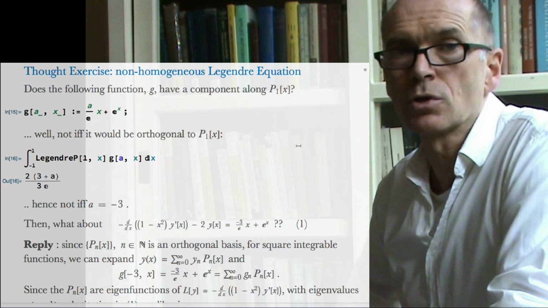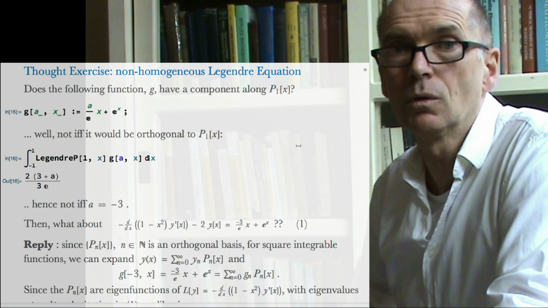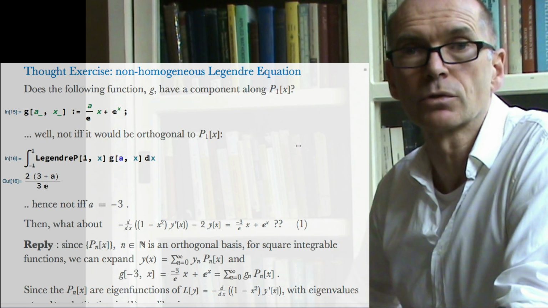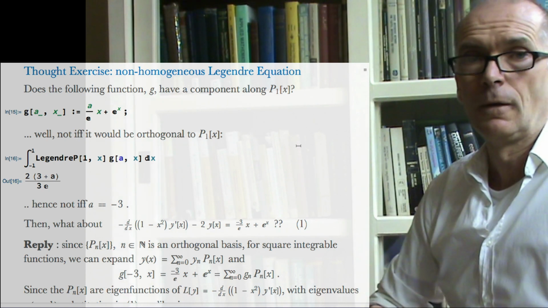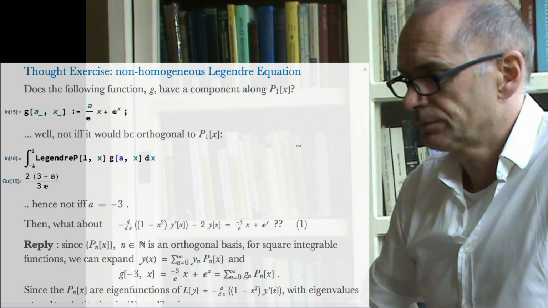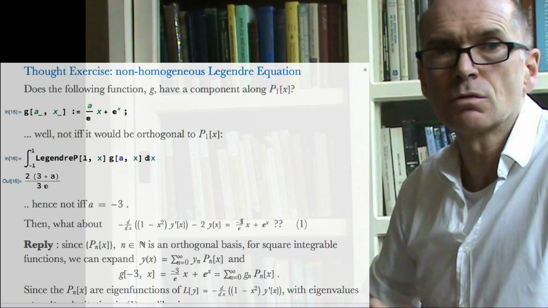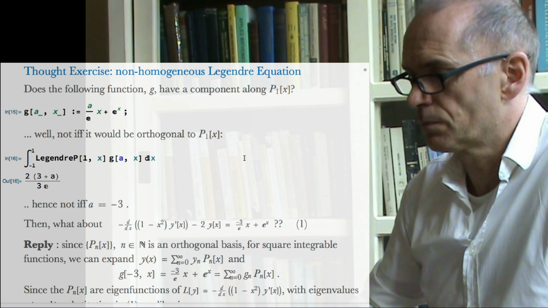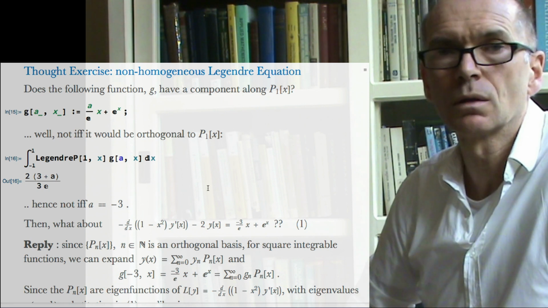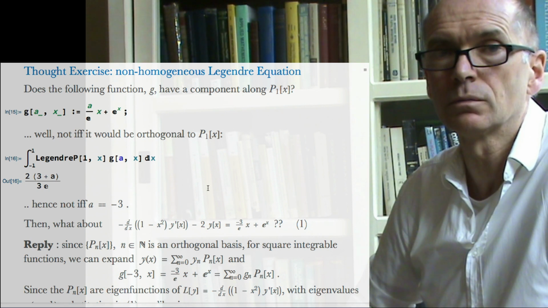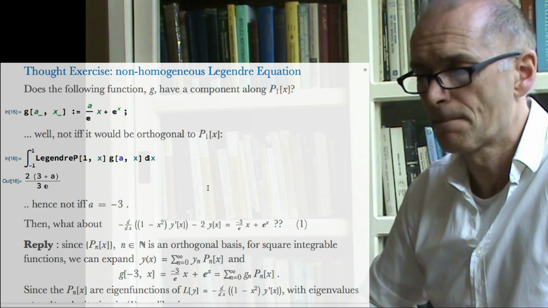In an exam question I would be more specific, guiding what exactly I want to know. In this thought exercise we look at this equation and wonder what we can say about it, given that this coefficient has the value 3, and we just discovered that if that coefficient is minus 3, then that function does not have a component in the direction of p1.